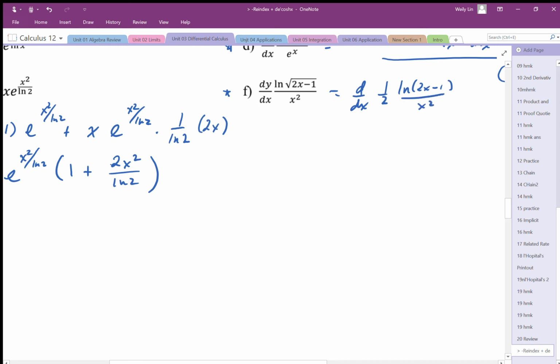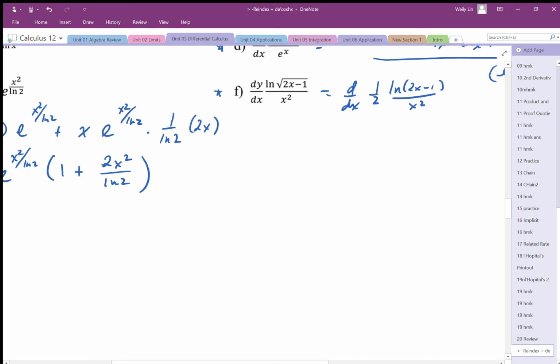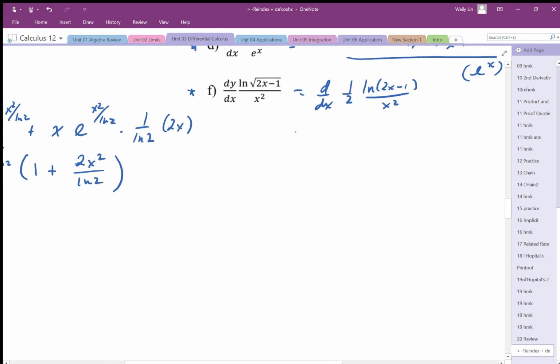So I've taken the power 1/2 out of the log, and then I'll differentiate this quotient. This is going to be equal to 1/2, applying the quotient rule, 1 over 2x minus 1, the derivative of the top, times the denominator, minus the top, log 2x minus 1, times the derivative of the denominator, all over the denominator squared.